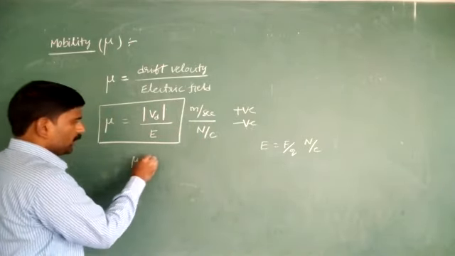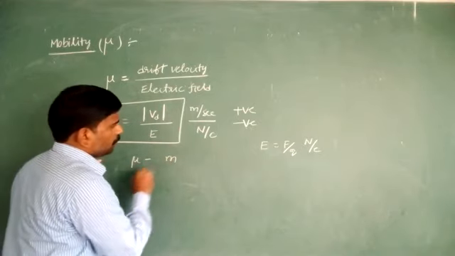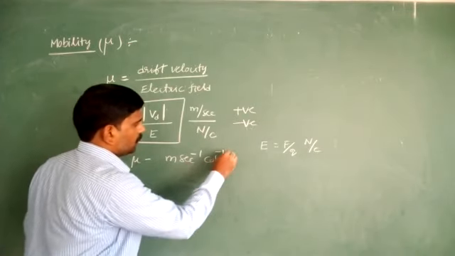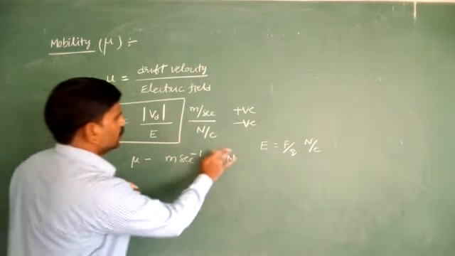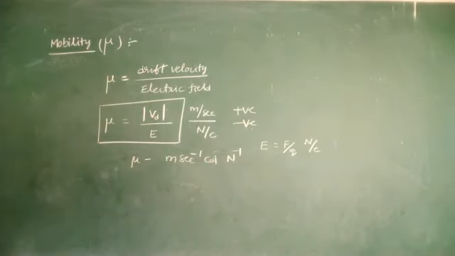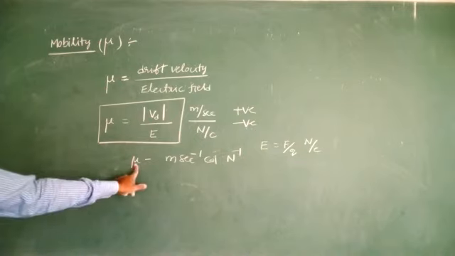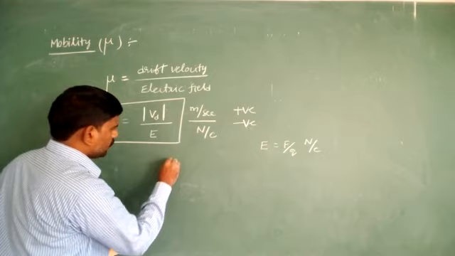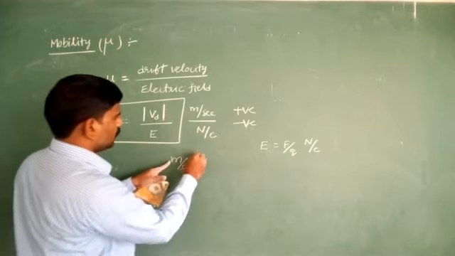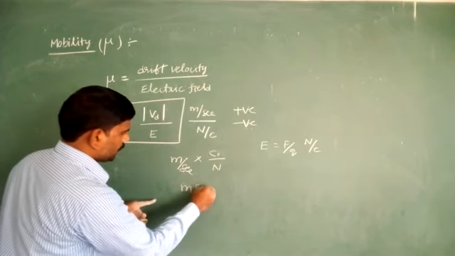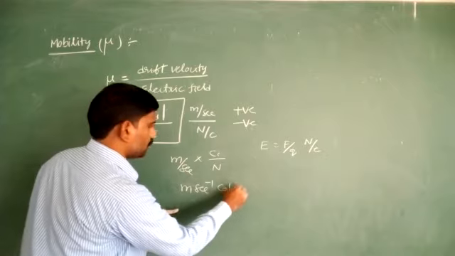So the units for the mobility are meter second to the power minus 1, coulomb Newton to the power minus 1. Another unit for the mobility: check it once. Meter per second into coulomb per Newton, that is meter second to the power minus 1, coulomb Newton to the power minus 1.